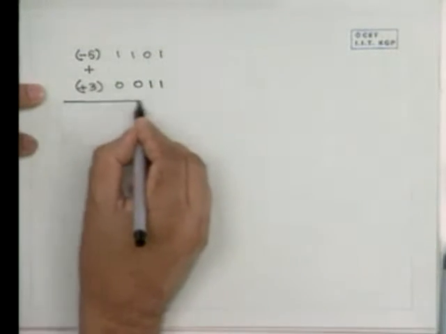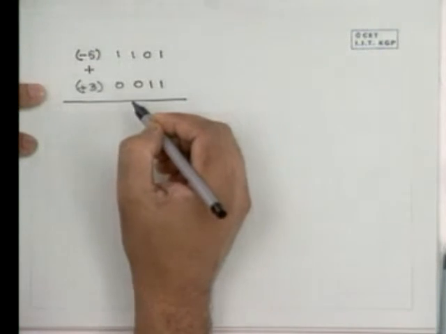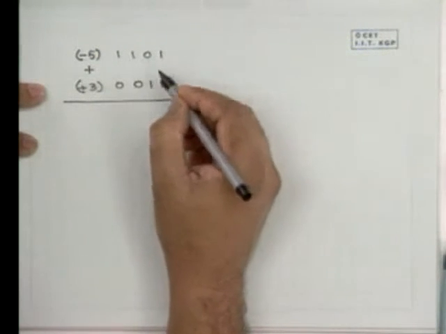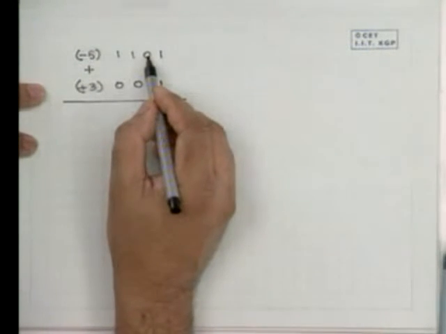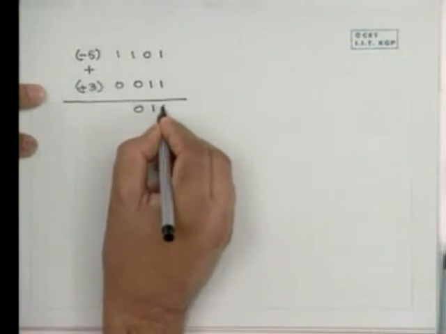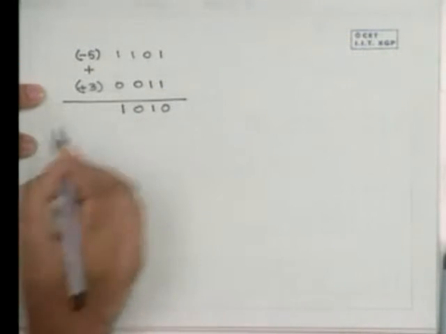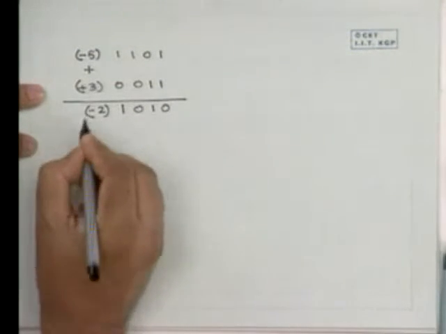In that case, to actually get the result, the operation that has to be done is that we'll have to subtract 3 from 5 and then declare the result to be negative. That means you will have the result as 0 0 1 0 and declare the result as negative, which is your minus 2.